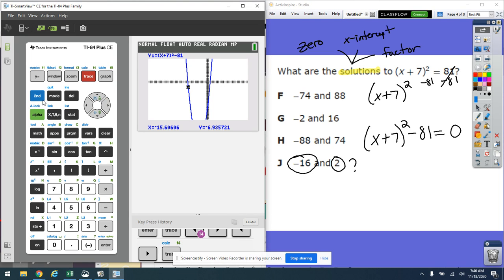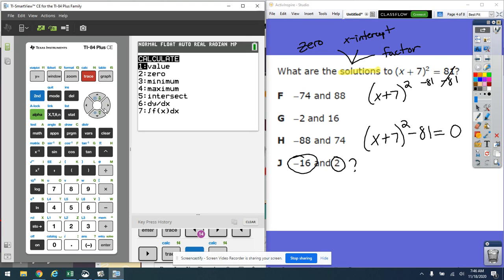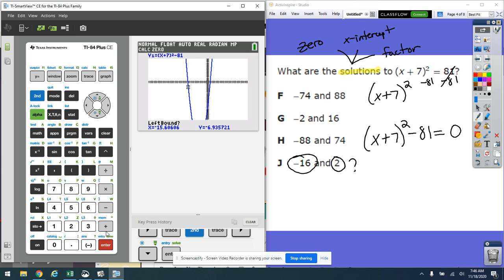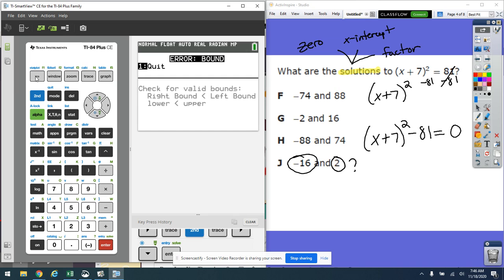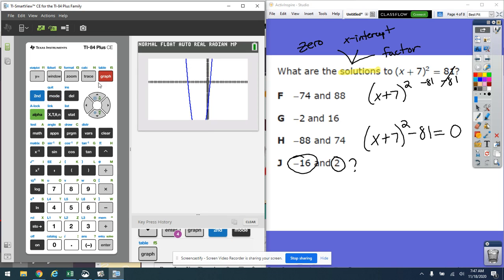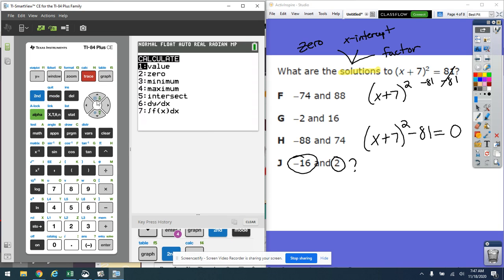There are a lot of different things you can do. You can do second calculate. You can even do, see another word for solutions? 0. So if I go to 2 and hit 0, I'm just going to hit left and right. Graph, second quit, graph, second calculate.